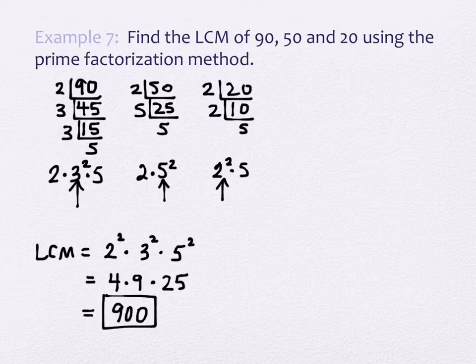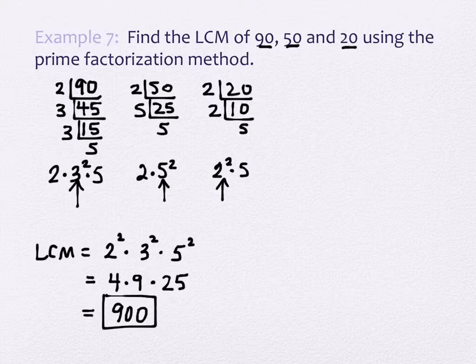Now, just like we did with greatest common divisors, we can at least look at the 900 and make sure it really is a multiple of the numbers we had before. So how would we do that? How would I make sure that 900 is a multiple of 90, of 50, and of 20? What could I do to make sure that they really are multiples?